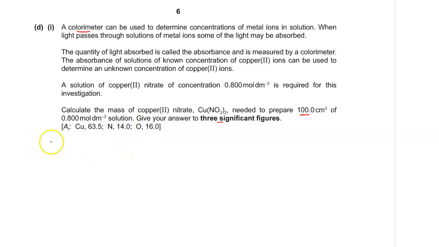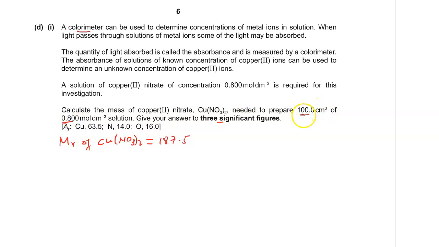So we can find the relative molecular mass of copper nitrate. And once you calculate correctly, you get it is 187.5.